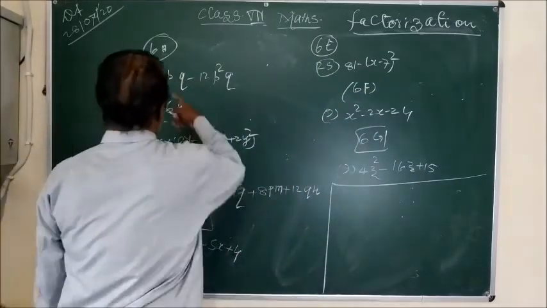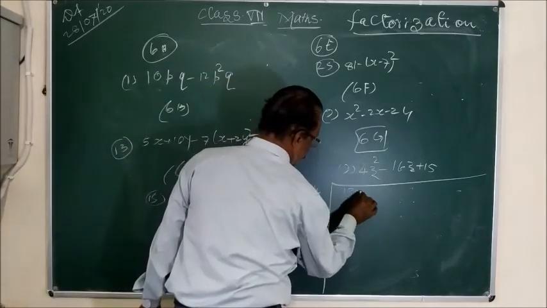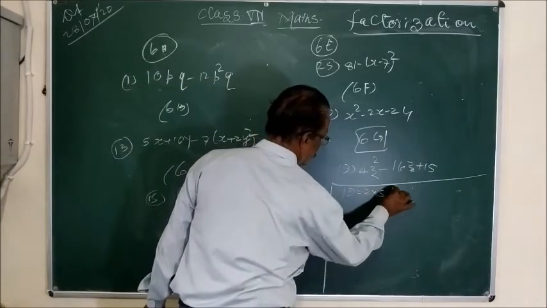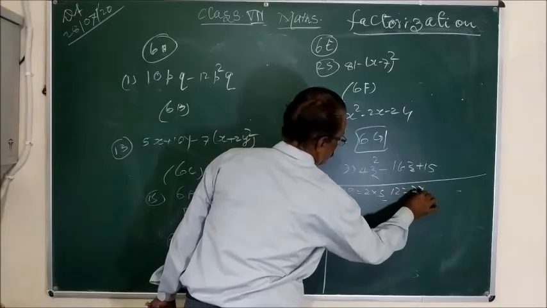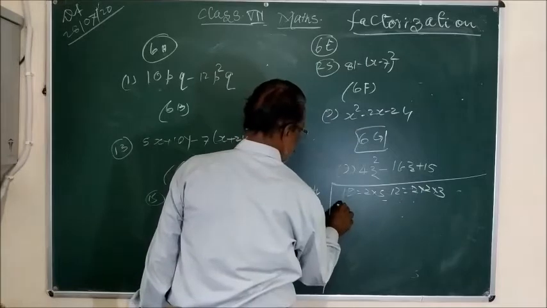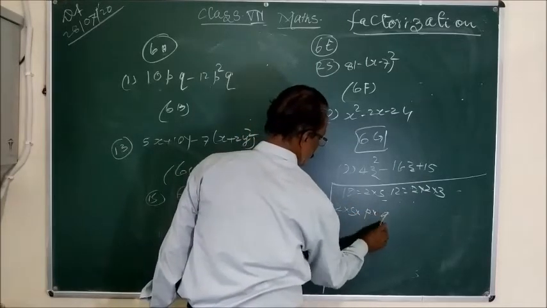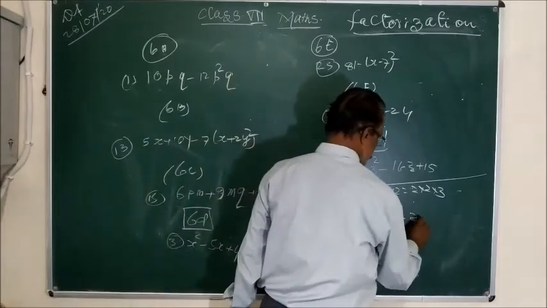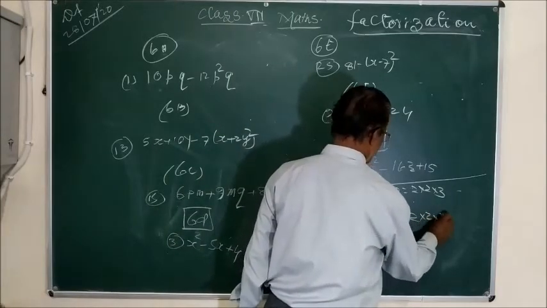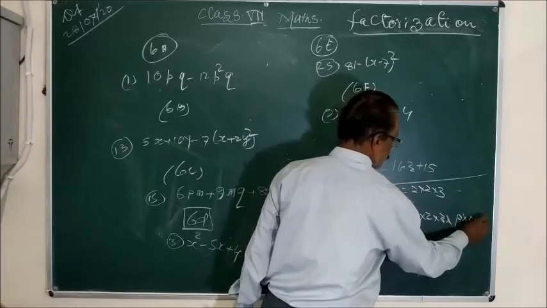You factorize 10: 10 is equal to 2 into 5, and 12 is 2 into 2 into 3. Find the prime factors. So the first term will be 2 into 5 into p into q, and minus 2 into 2 into 3 into p into q.